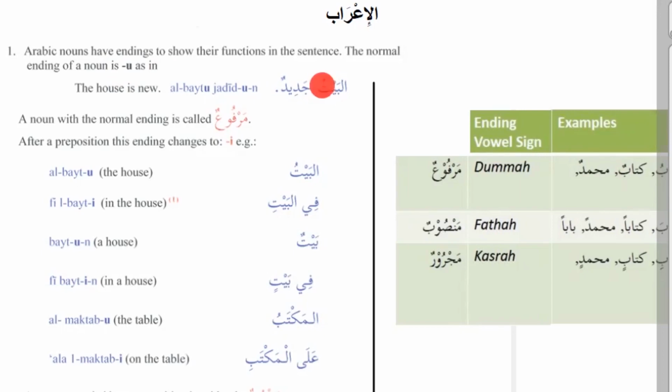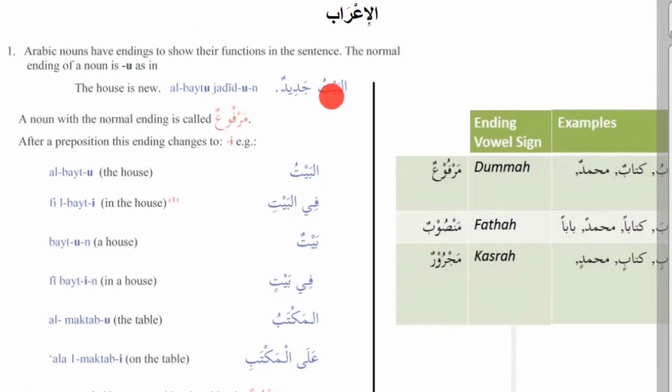Sometimes you may see al-bayta or al-bayti, having fatha or kesra. It also means house. But what's the difference between it having dhamma or fatha or kesra?